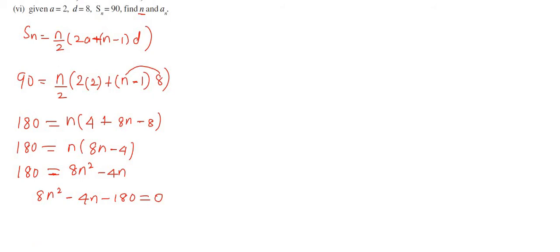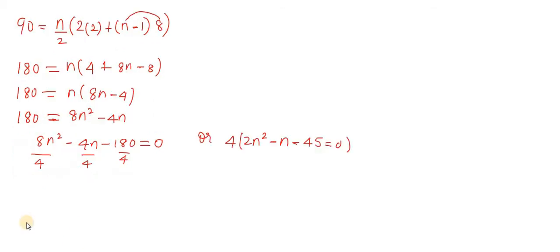Now simplify it further. How to simplify? I think 4 is common in this, so we can take out 4 as common. Then we can simplify it further. Now we can write 4 ones are 4, 4 twos are, here 4 and 4 get cancelled.